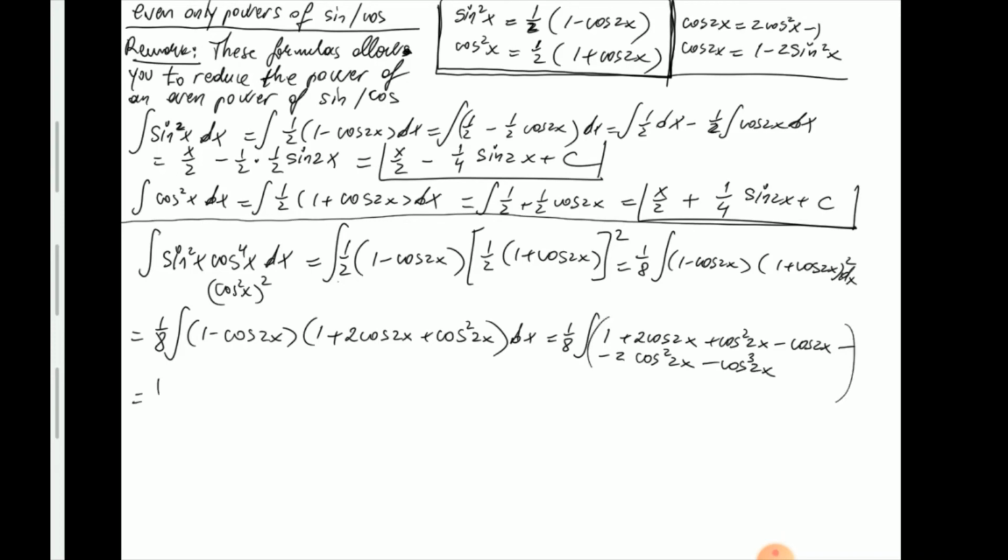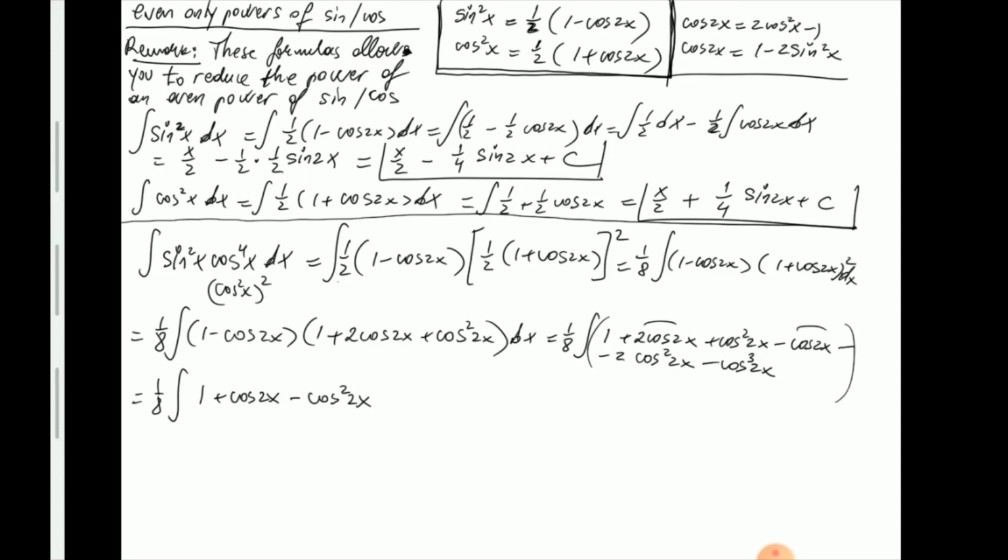So let's write it on the left, clean up a little bit. So it's going to be 1, see, 2 cosine of 2x with minus cosine of 2x becomes cosine of 2x. Cosine squared minus 2 cosine squared 2x, that becomes minus cosine squared 2x.